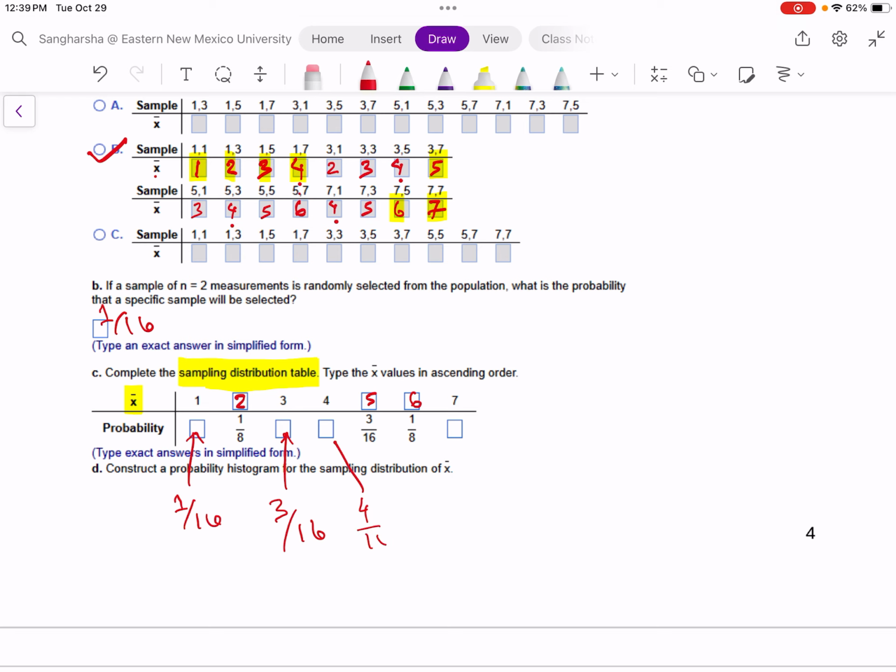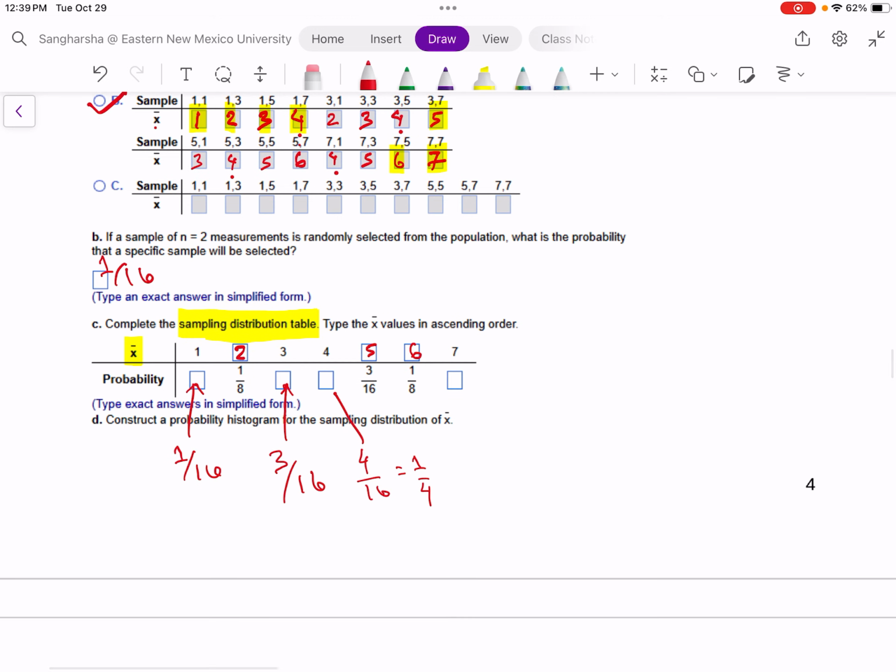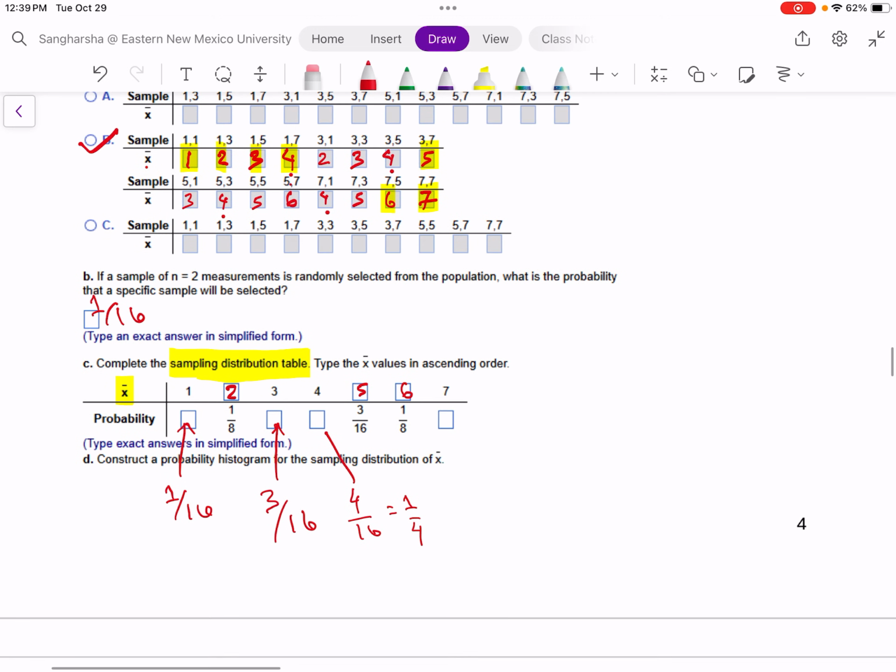Which is 1 over 4. Okay, for 5 it's a similar way. So 5 is 3 times. So it's 3 over 16. For 6, 1 over 8, because 2 times. And 7, what is the probability that x bar is 7? 1 over 16.